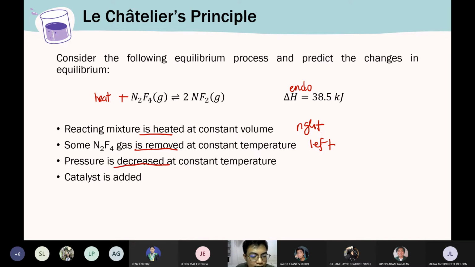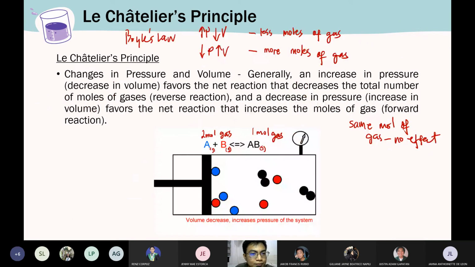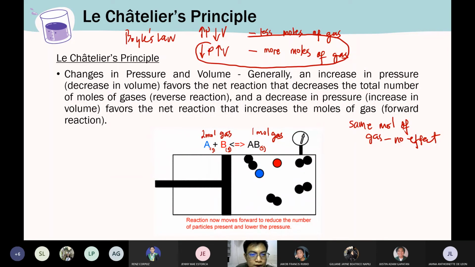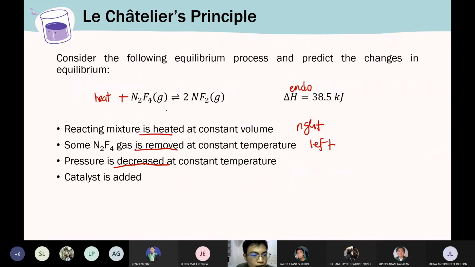Pressure is decreased. What did we say? When you decrease the pressure, you favor more moles of gas. As the PowerPoint says, a decrease in pressure favors more moles of gases. Now look, where are there more moles of gas?